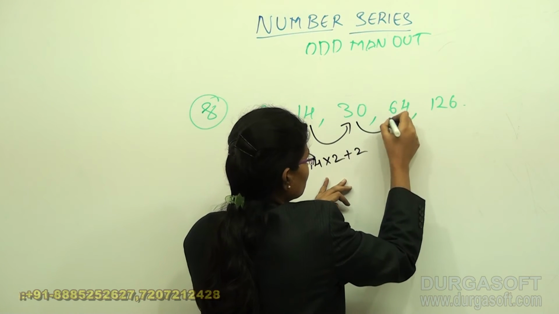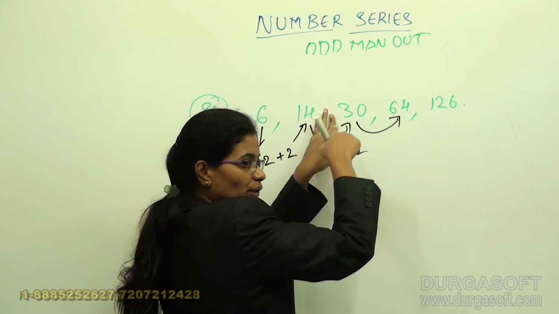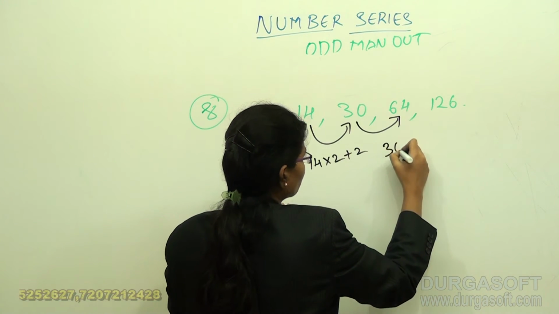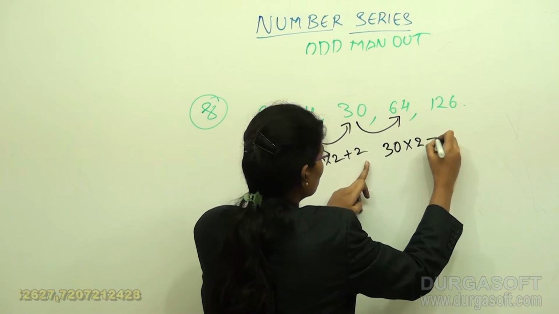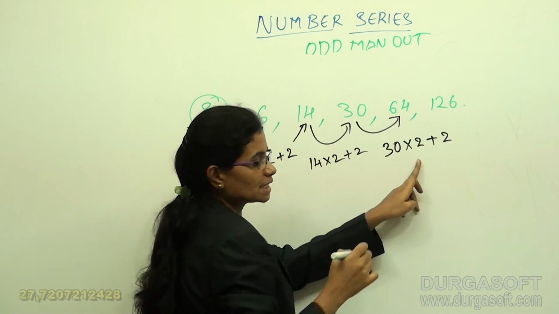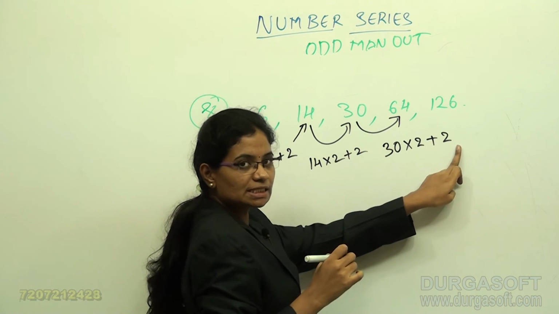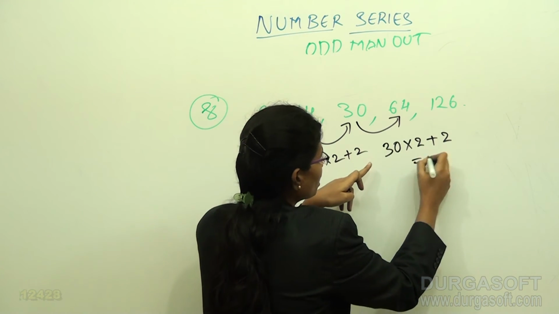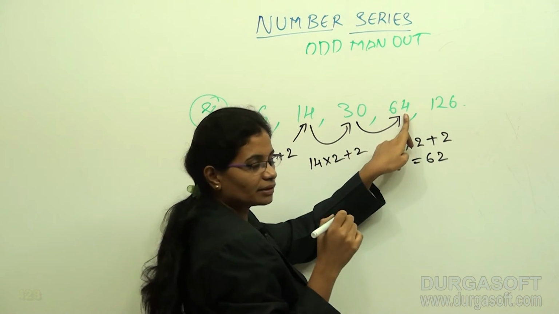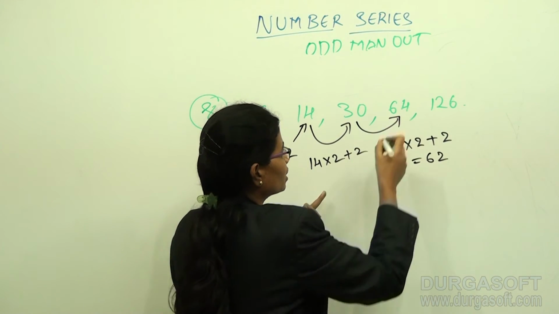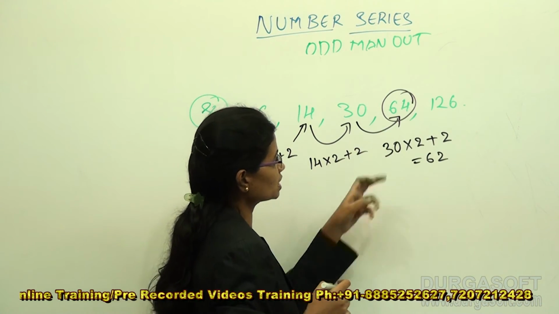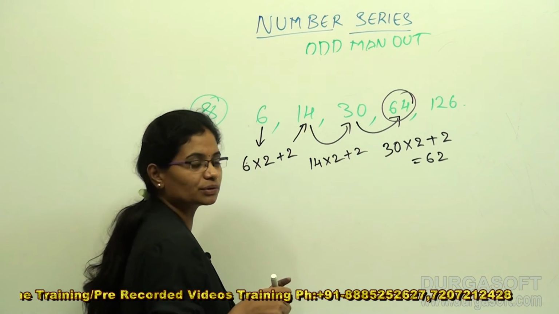So let's try for this. 30 into 2 plus 2 again. It is 60 plus 2, 62. I have to get 62, but instead of 62, I got 64 here. That means 2 is more here. So 64 is the number which is disturbing the series. So 64 will be the odd man out.